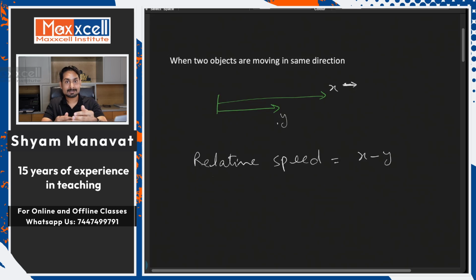In fact, the distance between you and the vehicle next to you will increase, because the vehicle next to you is going with a faster speed. Correct? So the distance will increase at the rate of relative speed.